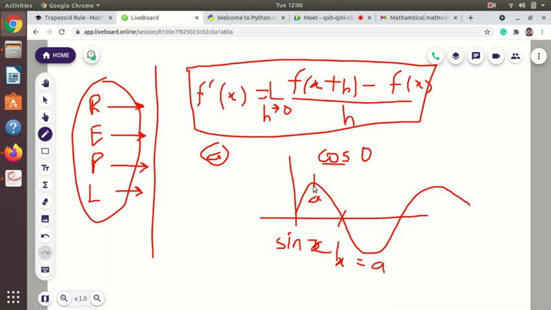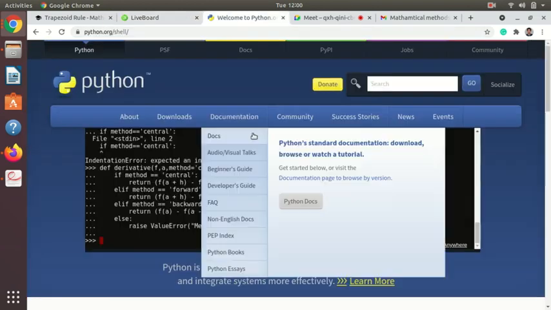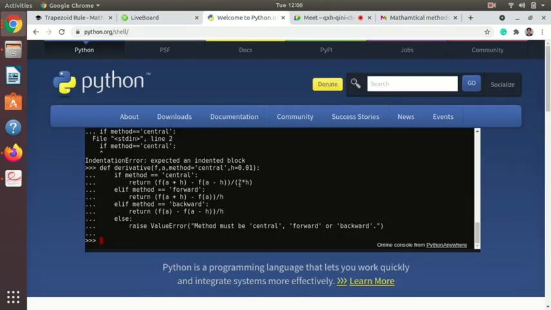The forward method measures the forward point. If we add a plus h, it will evaluate the function, subtract, and divide by h. But in the central method, suppose this is the function and this is a, it will take a plus h and a minus h, take the difference between these two and divide by 2h, that is 2 into h.